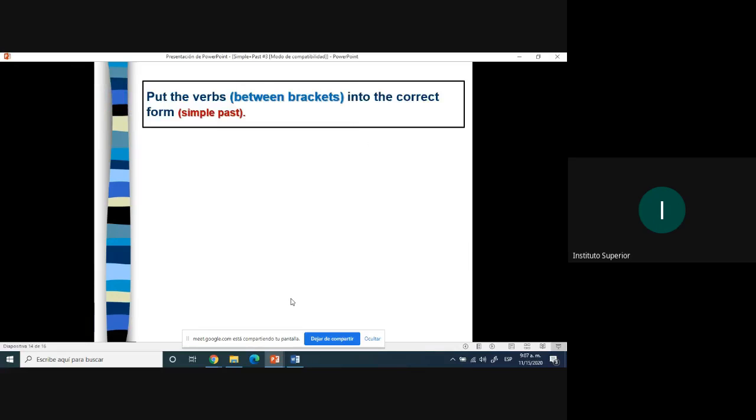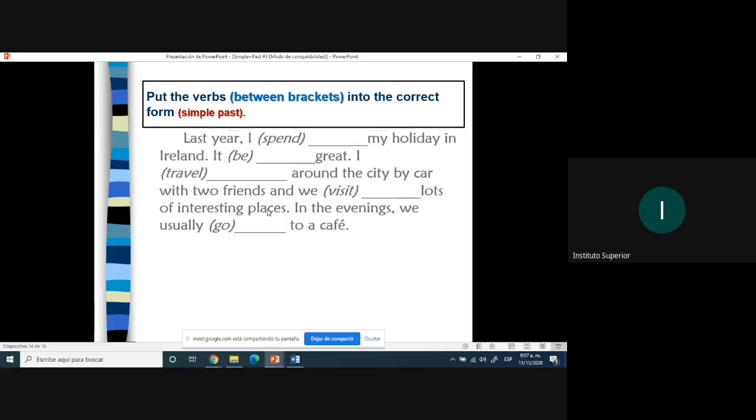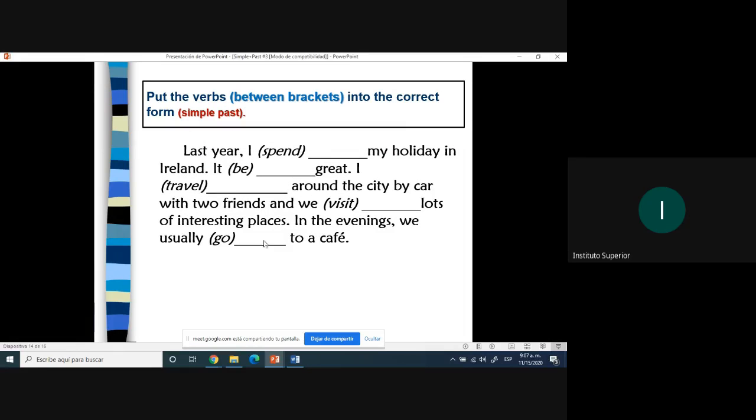So let's keep moving. Put the words between the brackets into the correct form, simple past. Now you want to understand that in here, I need your help. I'm always needing your help.